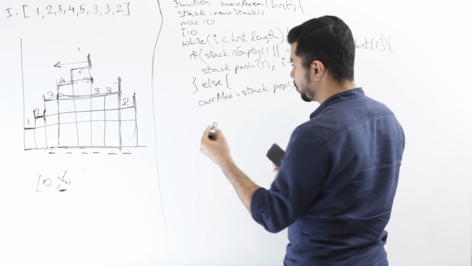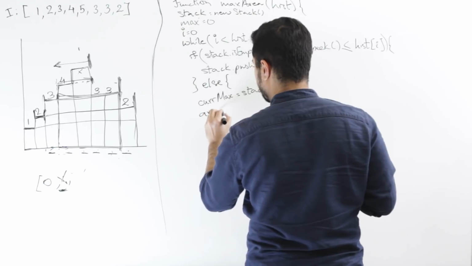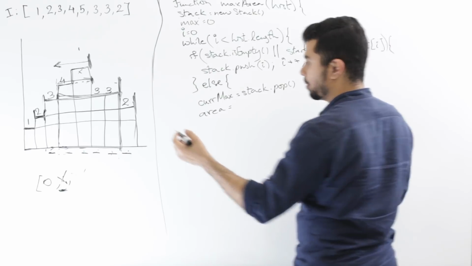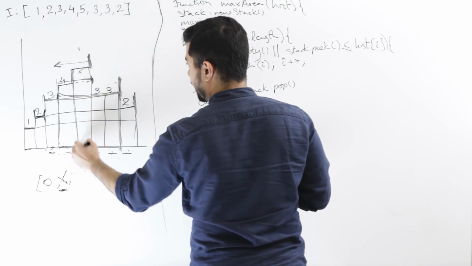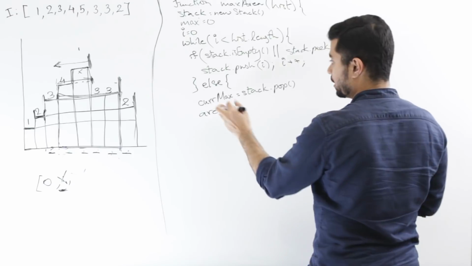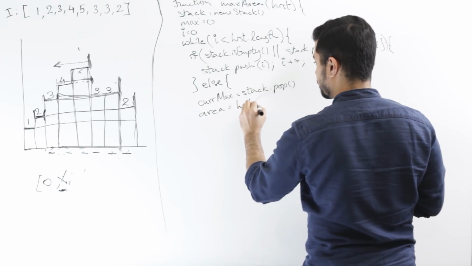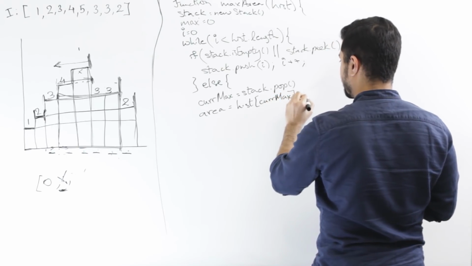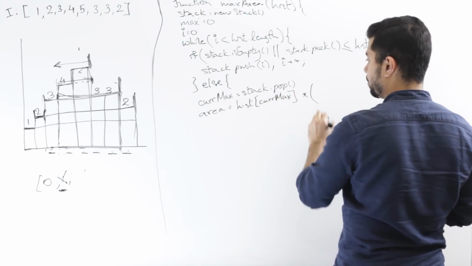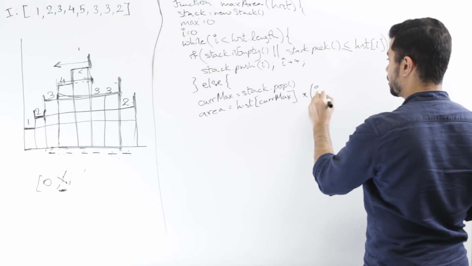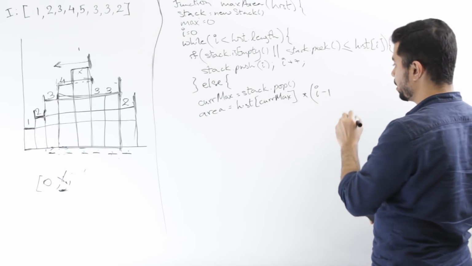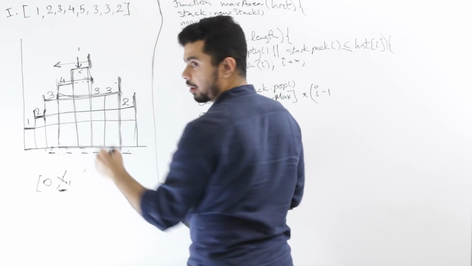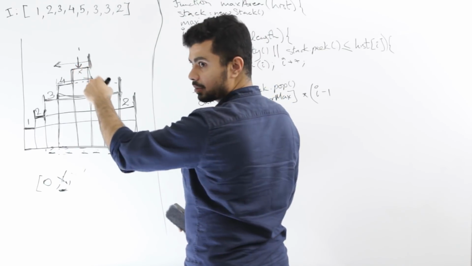So in order for me to compute the area, let me just call it area equals, I would need the height, or basically the value at cur max. So I'll say hist cur max times whatever I is minus 1, so that would give me the index of this guy right there, if this is the current max, basically.